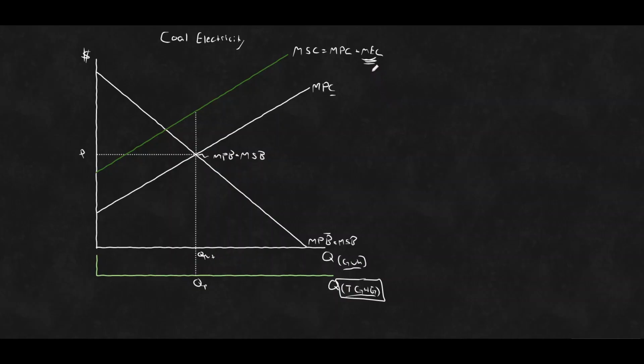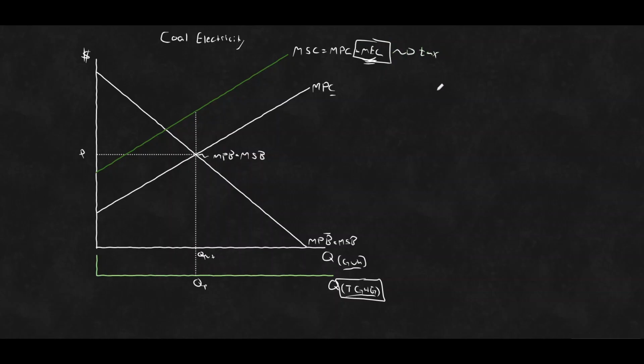Think about these when you are determining what your Q star is. The way we can do this is by putting a tax on the firm's private cost function. Ideally, the Pigouvian tax would be set equal to the marginal external cost.